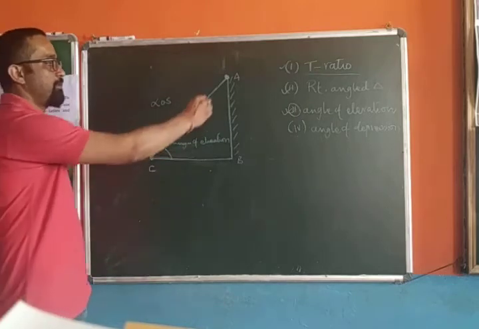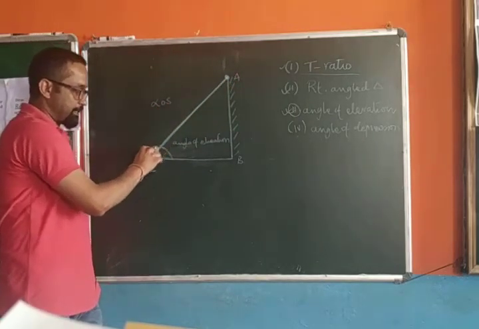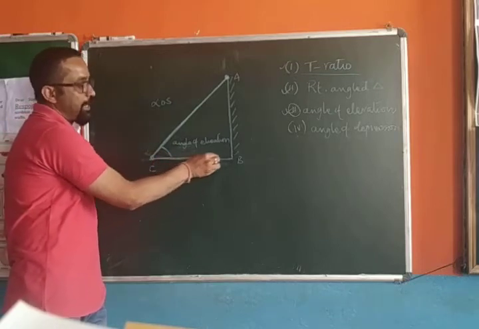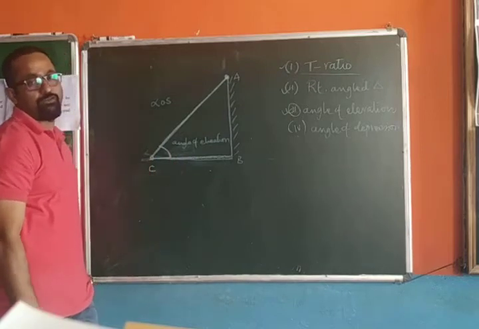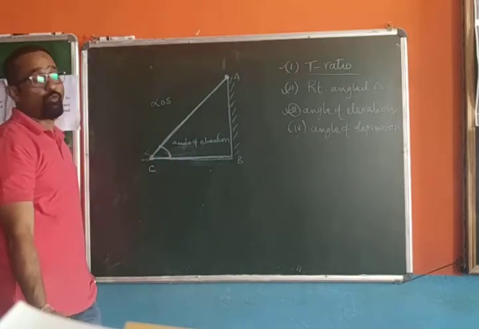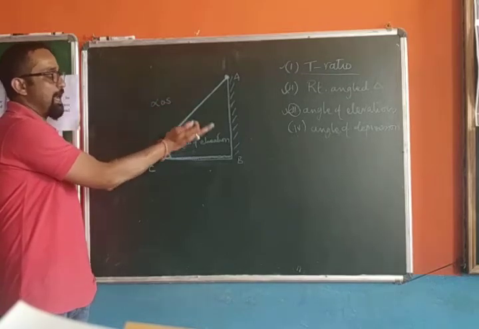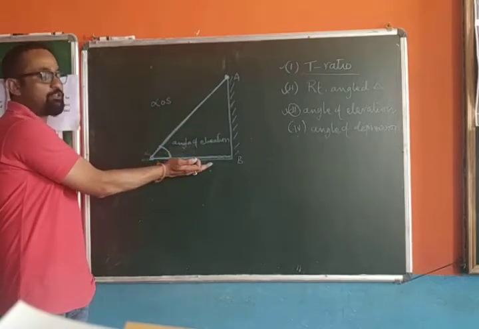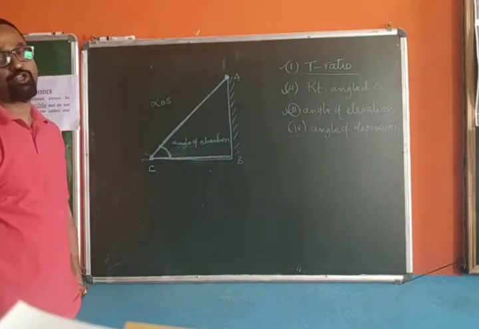Please do remember the angle formed between line of sight and the horizontal line is called angle of elevation. Or you can remember other way. The angle formed between hypotenuse and base of a right angle triangle is called angle of elevation.